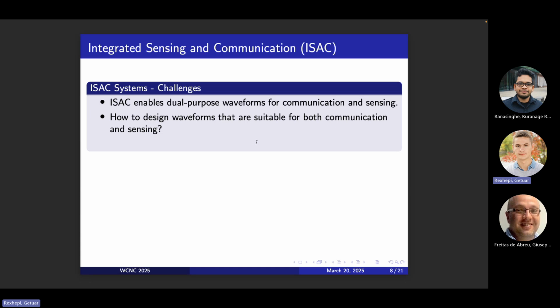Now, to answer these questions, there are two schools of thought. First, from the sensing community, you can have a sensing-centric waveform, which can be used for communication. The other one can be a communication-centric waveform, which can be used for sensing. We will focus more on the latter than the former, so we will naturally ask the question, which communication-centric waveform is suitable for sensing?